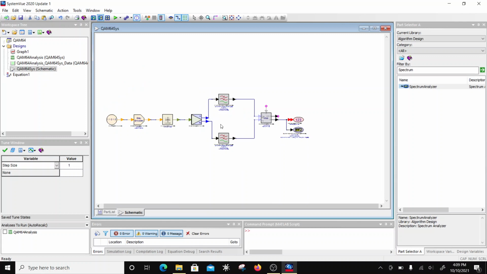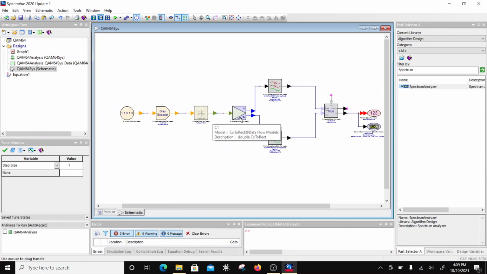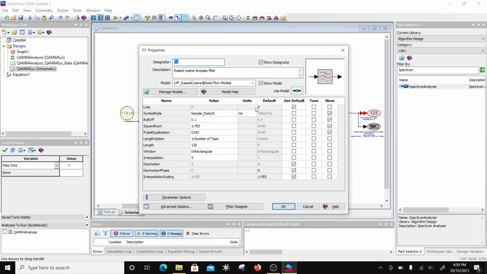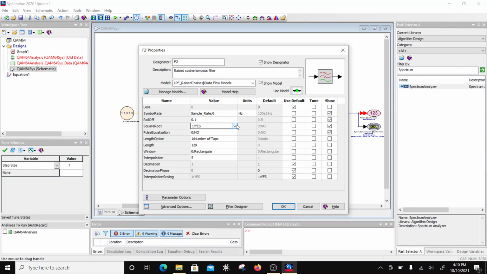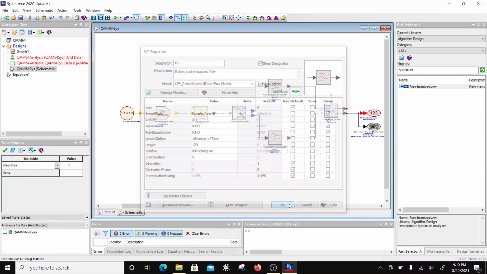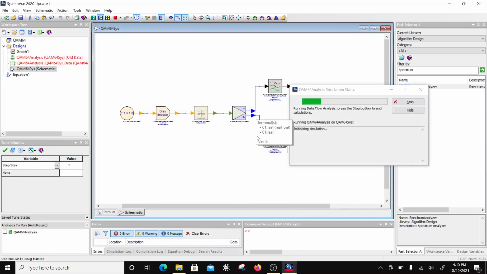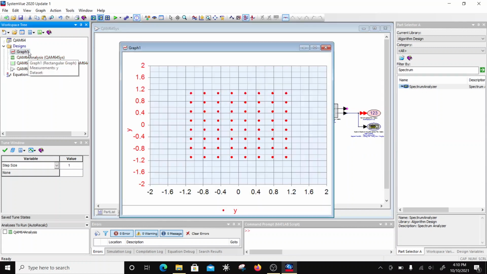Okay, let's just verify if things are okay. Let's go to filter, and here let's put this roll off to no, and here put the roll off to no, square root, and run this and look at this graph.